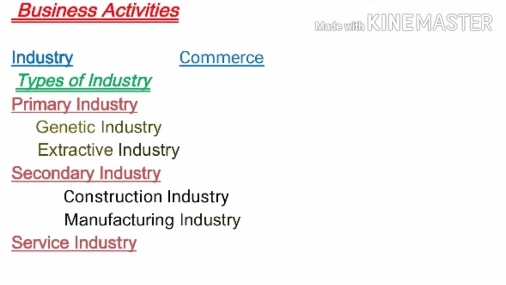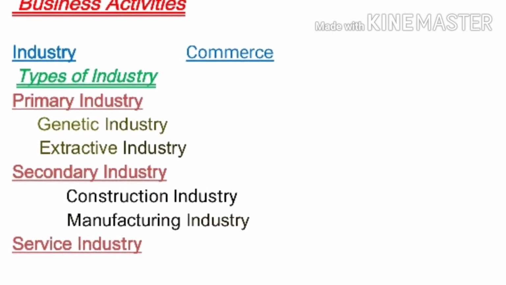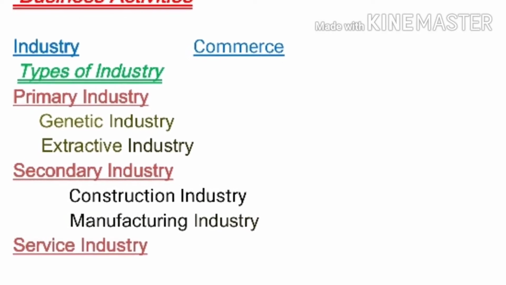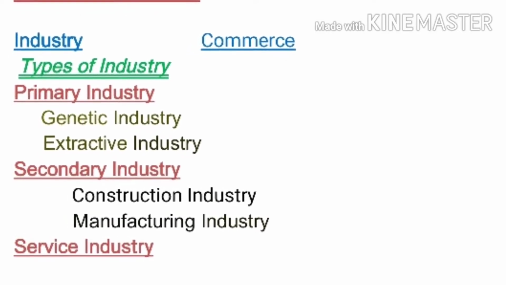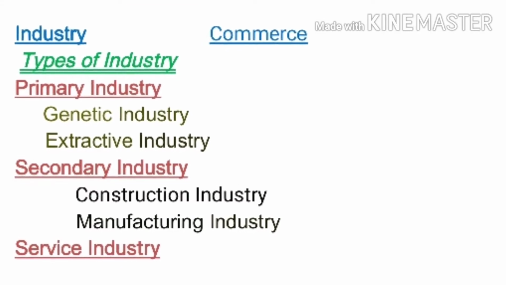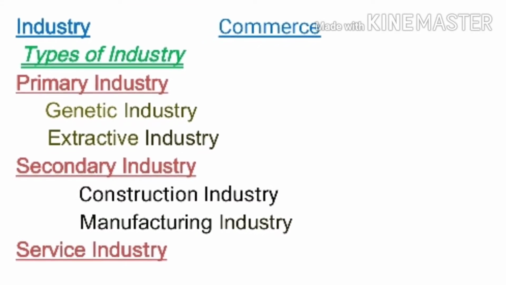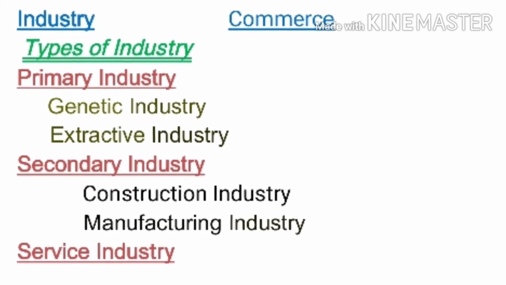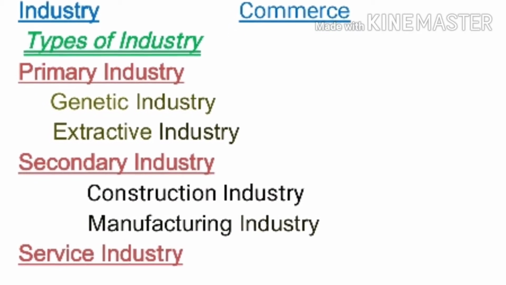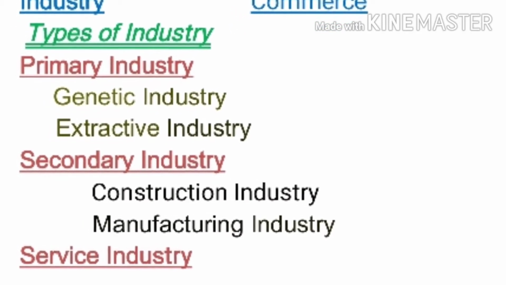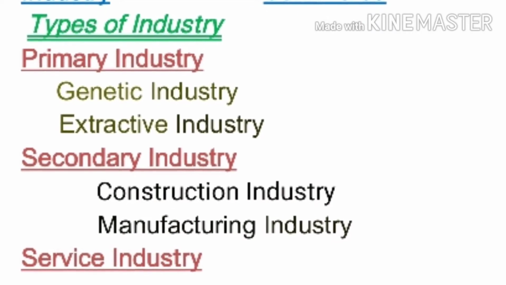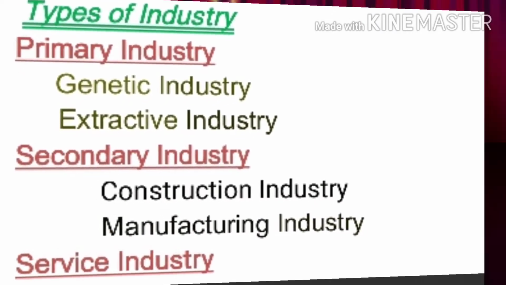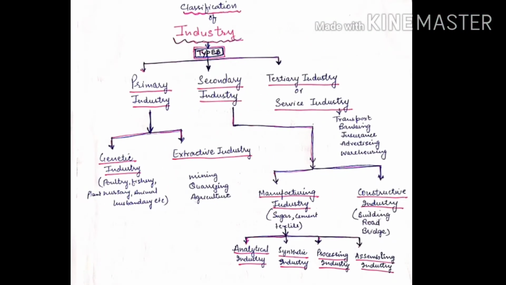Genetic means raising the quality of animals or plants and making them more useful for mankind. It includes animal husbandry, poultry, nursery, piggeries, etc. Extractive industry means extracting something from nature and making useful things. For example, sheep provide wool that is used in making clothes. Coal, gas, iron are examples of extractive industry.